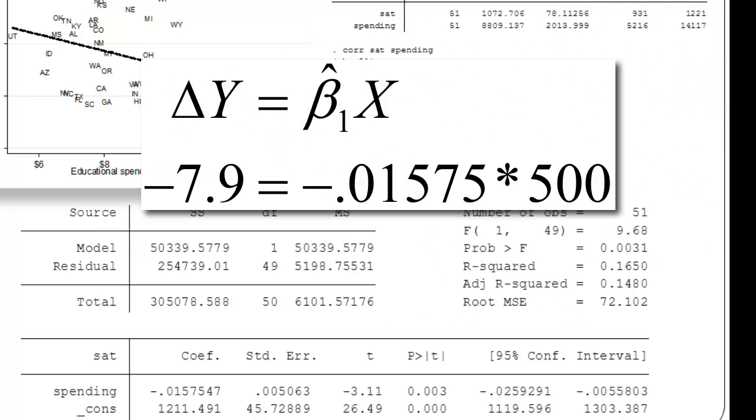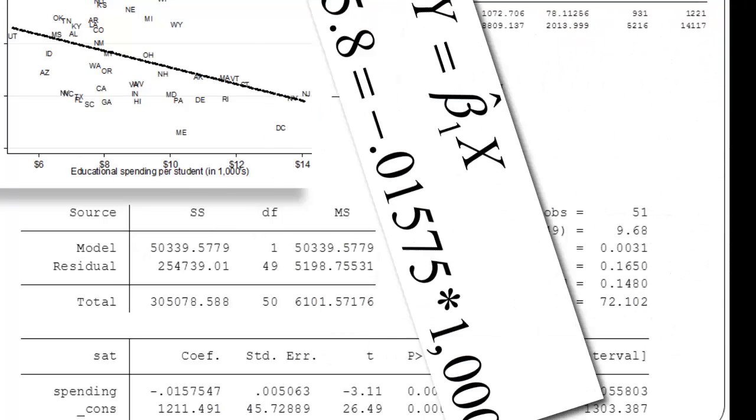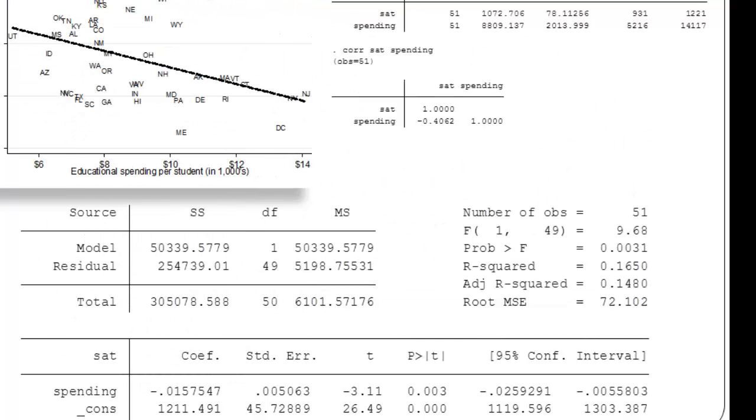For example, for increases in spending on education of approximately $500 per student, we see an associated average decline in SAT scores of nearly 8 points. Of course, if we'd rather have it in a bigger unit, like say $1,000, then we would know that for every $1,000 increase in educational spending, we see an average decrease in SAT scores of approximately 16 points. What metric you use is really dependent upon the kind of story you're trying to tell and who your audience is.